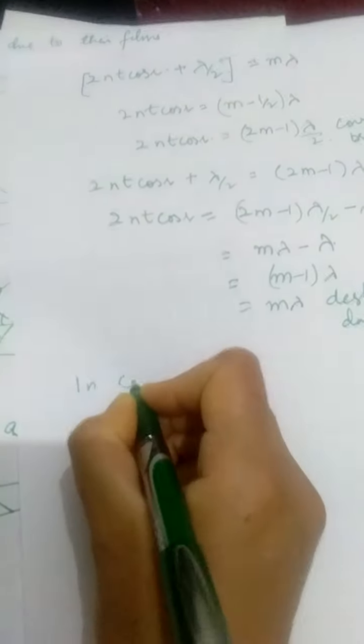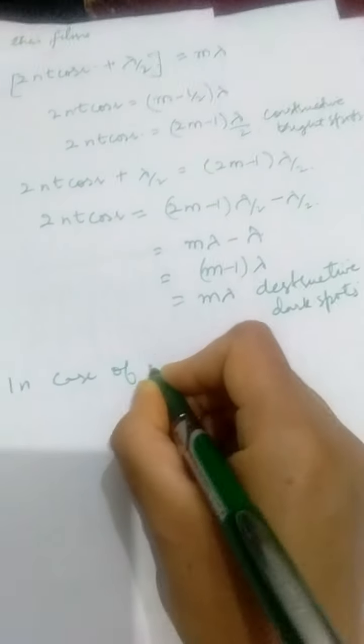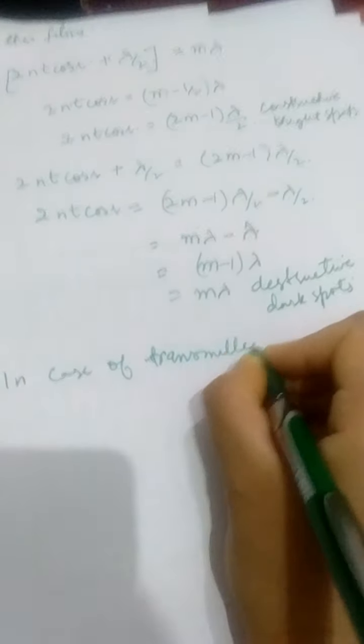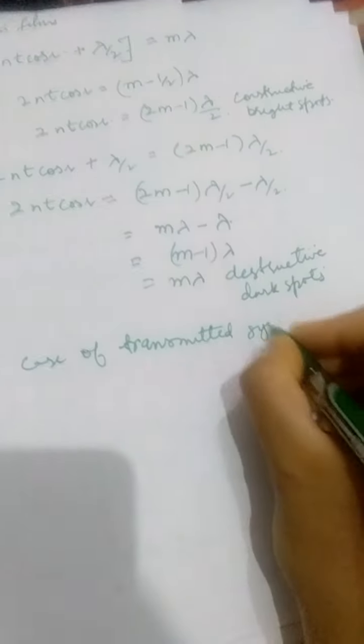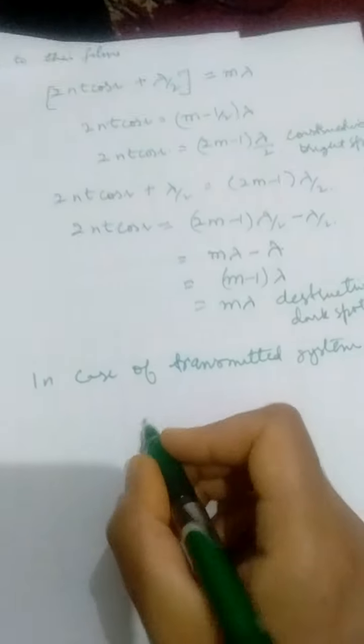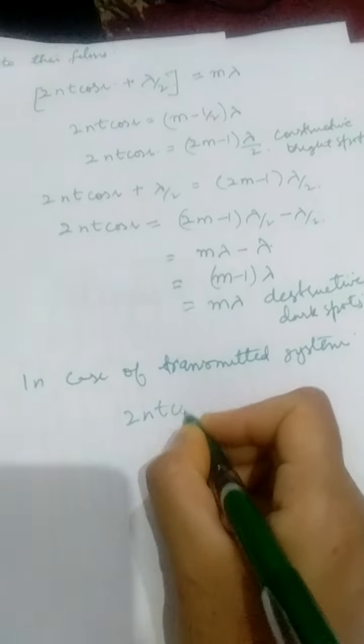So in case of transmitted system, the scheme of derivation is again going to be the same, and the path difference between two transmitted rays will be the same thing, that is 2nt cos r.